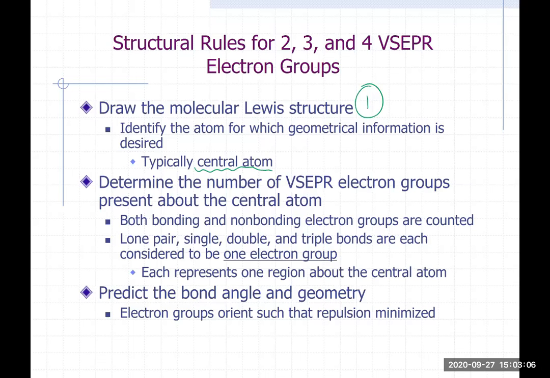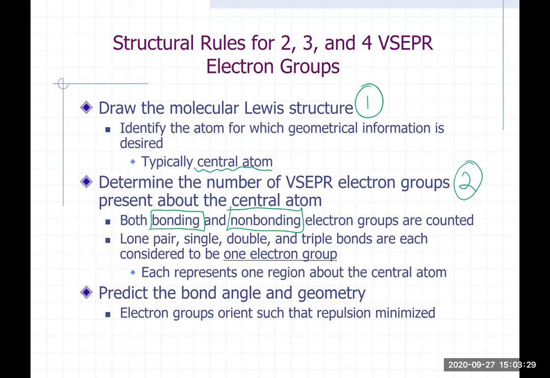You determine the number of VSEPR electron groups that are present about the central atom, and literally that's step 2. So you draw the Lewis structure, then step 2, you count how many VSEPR groups you have, and you distinguish between bonding and non-bonding if you're after molecular structure.